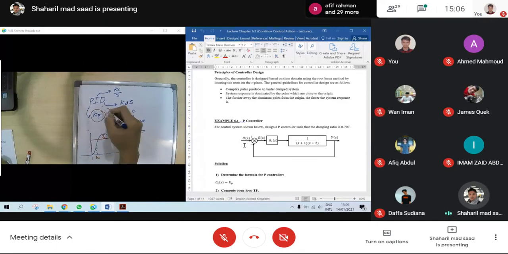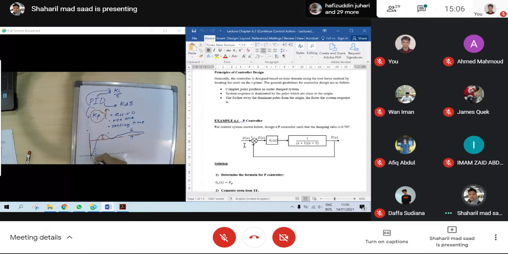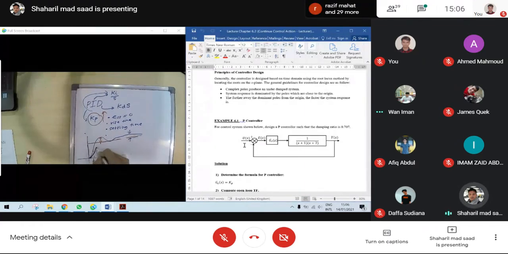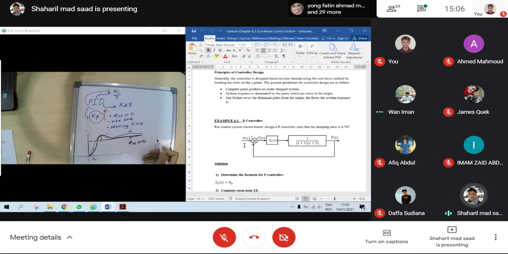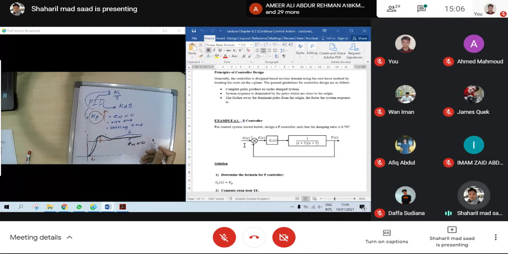And then after that, you combine with the integral, you will see that you can minimize the overshoot a little bit. I think it will affect a little bit, but the most important thing is the steady state error, so you can get it to zero. Okay, however, the rise time will be a little bit slower, and also the time constant.